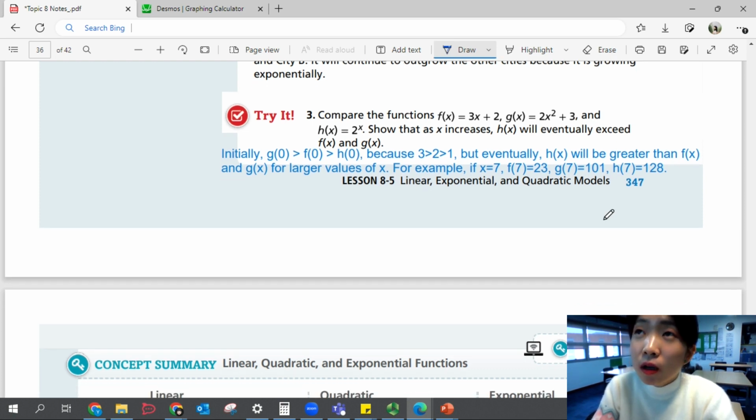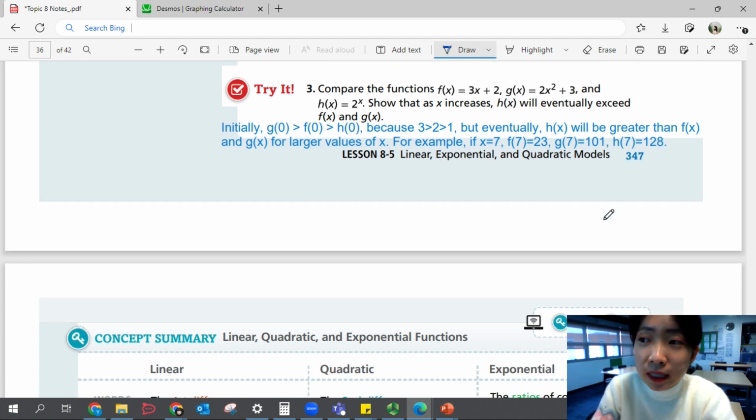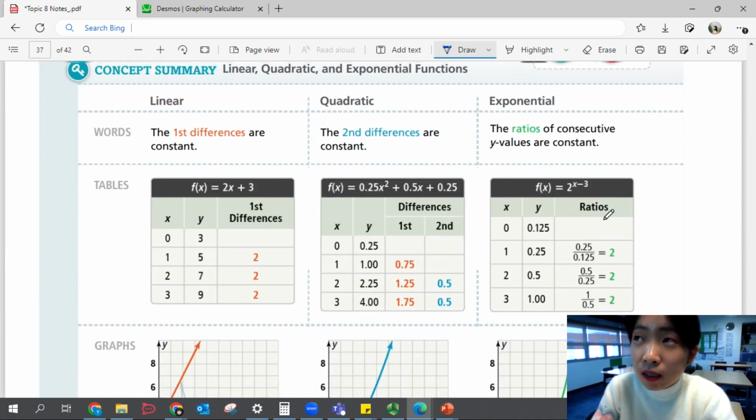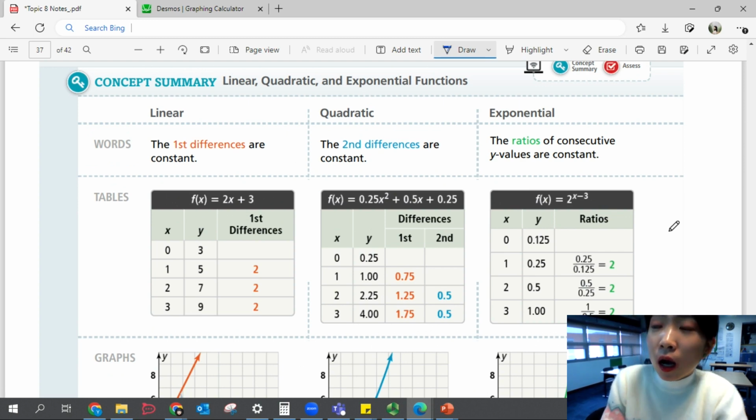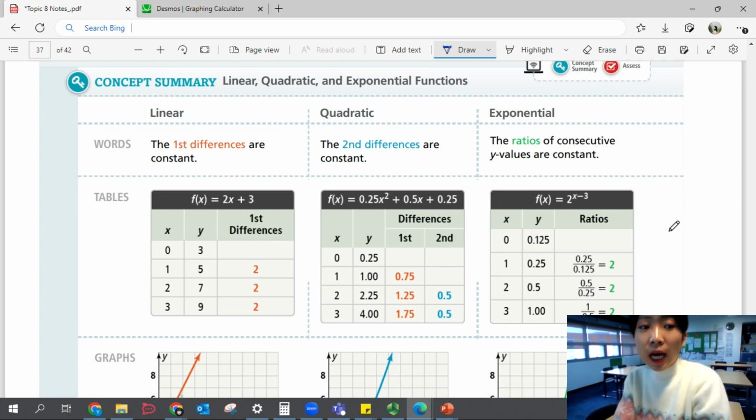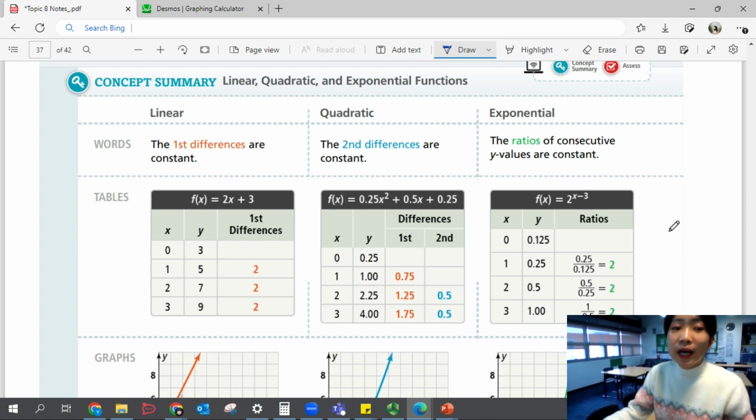Okay, so that was a lot of comparing the functions. So please keep in mind the characteristics of each one. That would be super important in this lesson. Let's summarize our lesson. So linear, quadratic, and exponential functions have different characteristics, and in order to figure out which best fits the data, you have different methods.